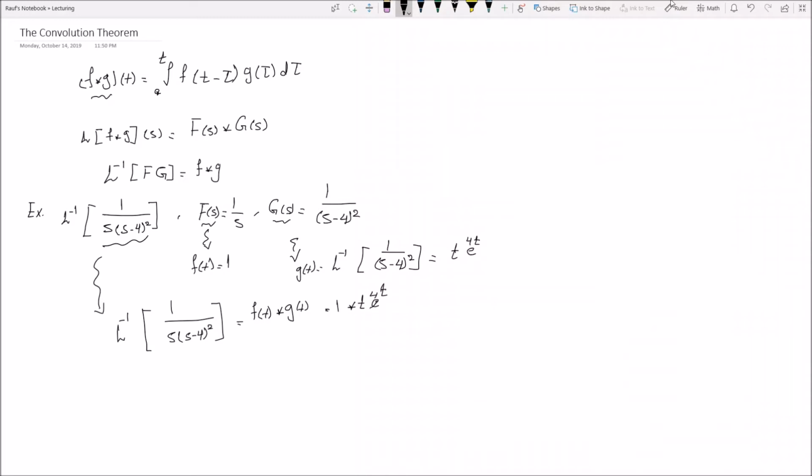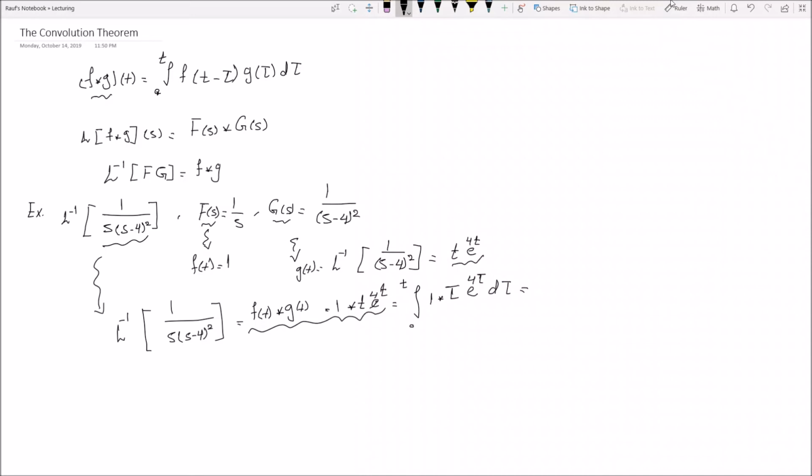But to find the final solution, as we knew from the convolution theorem, this needs to have the integration from 0 to t, the f of t minus tau. We have a function f of t here that is only 1, so you just keep it as 1, multiplied by g of tau. So anything in g of t, anything in terms of t needs to be in terms of tau, which in this case is tau e to the power of 4 multiplied by tau d tau.